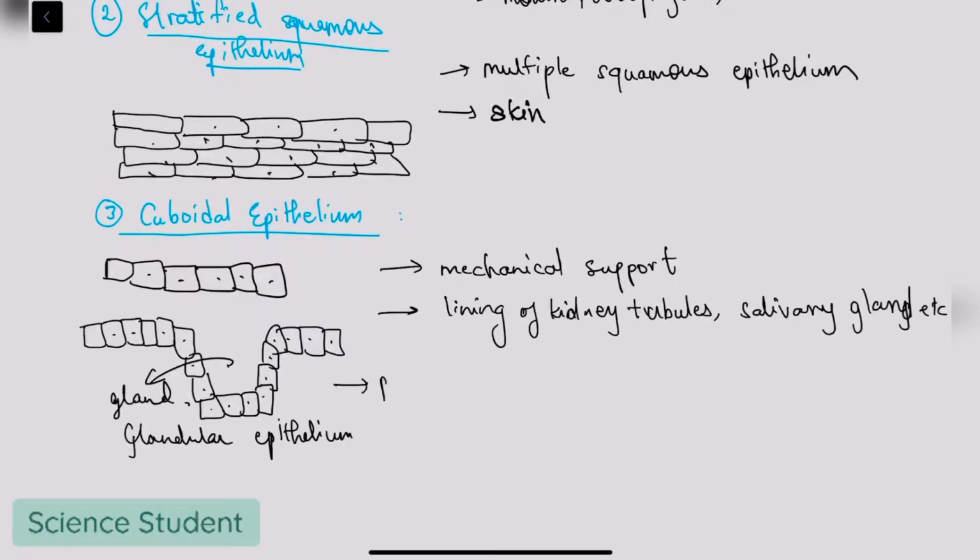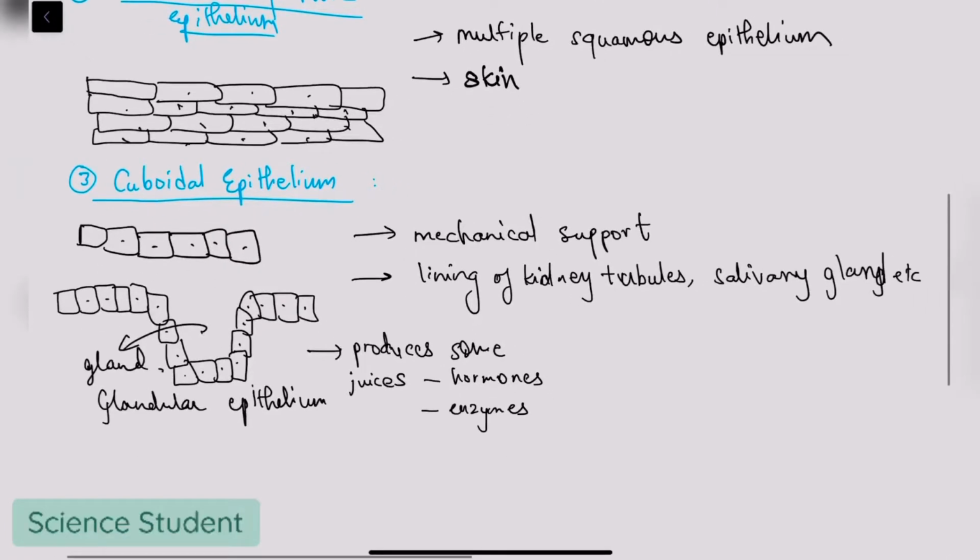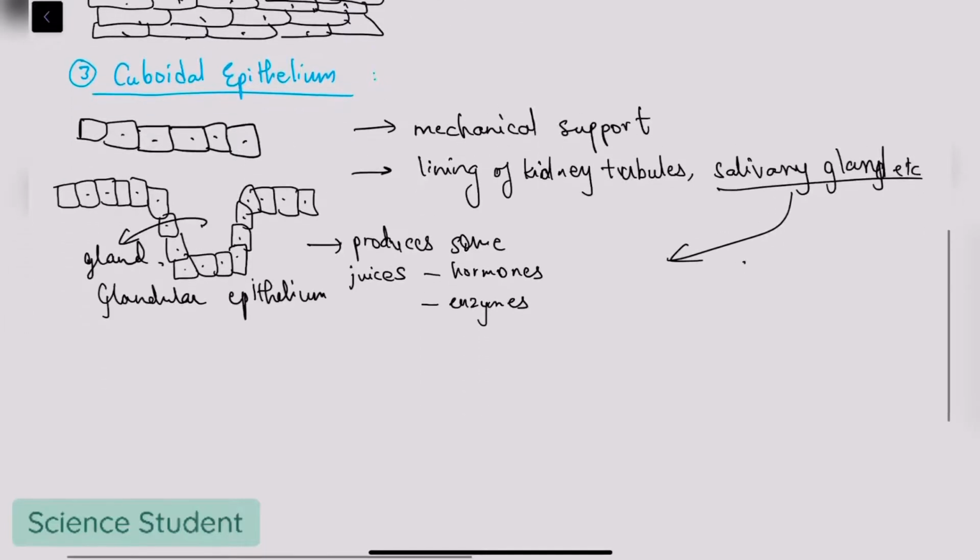It produces some juices, which can be hormones or enzymes. The salivary gland is a glandular epithelium.